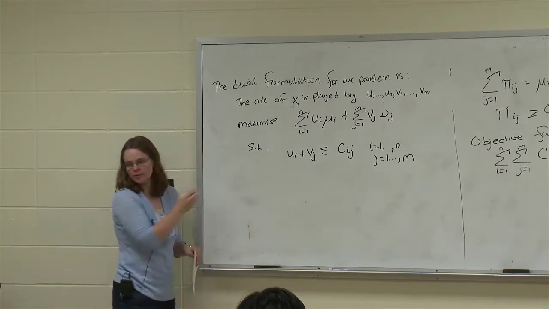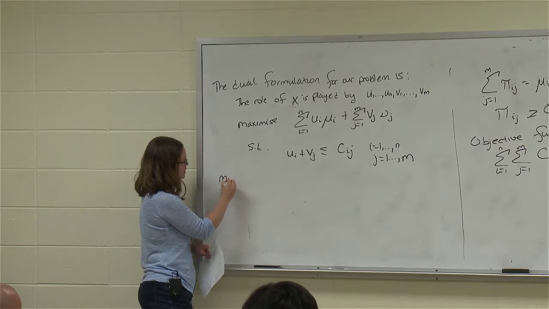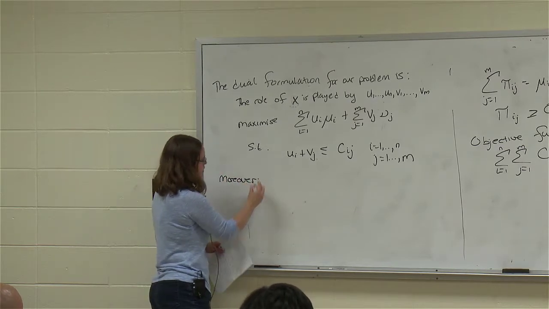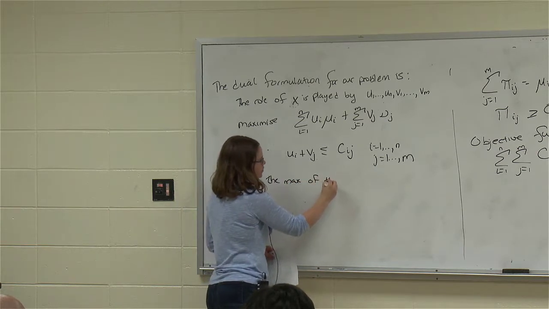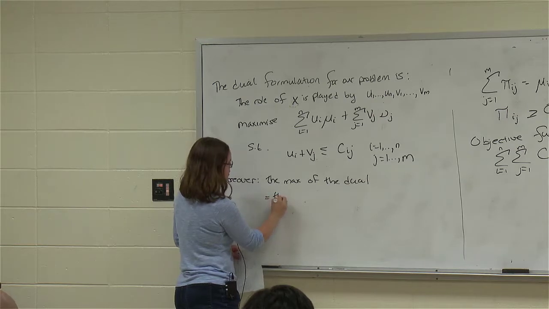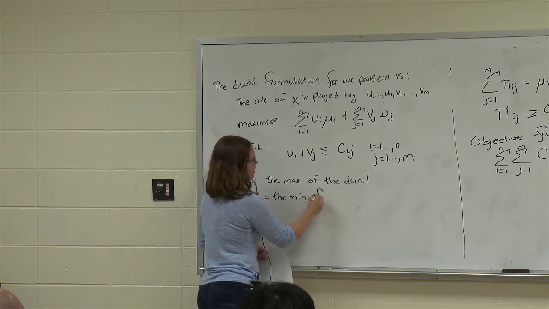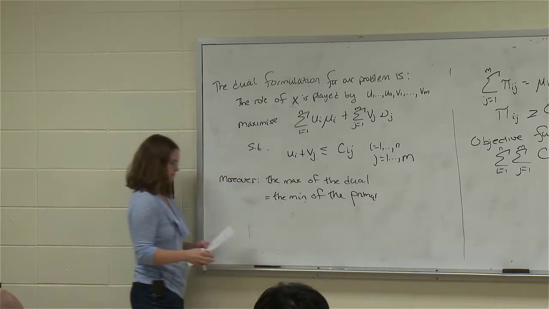What I claim here, and I'm going to argue this in more detail, is that we have this dual problem, and the maximum value of the dual problem is equal to the min of the primal problem.